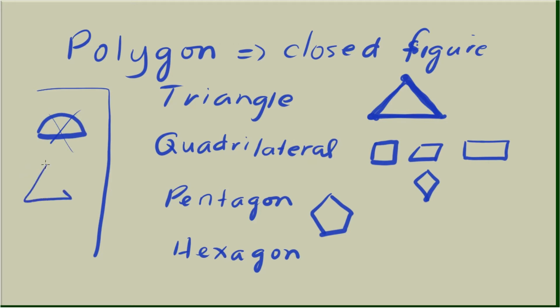This one is not a polygon because it's not closed. And this one here, although its sides are line segments, they do not intersect at the endpoints. So this is not an example of a polygon either. Okay, so let's jump right into Pick's rule.